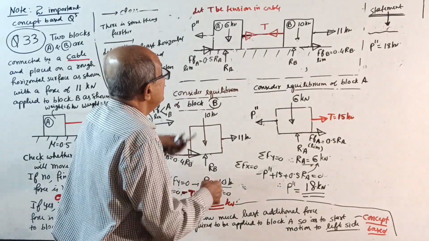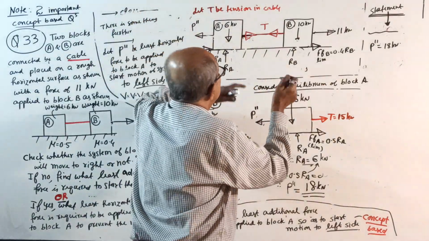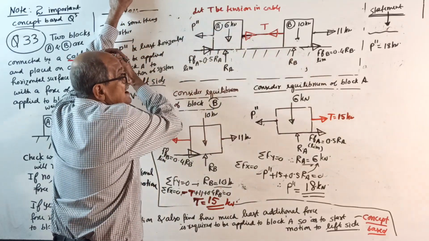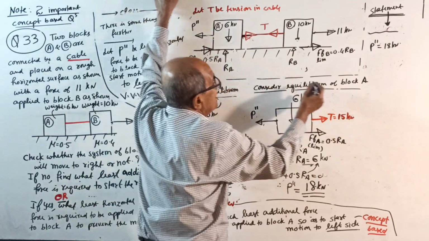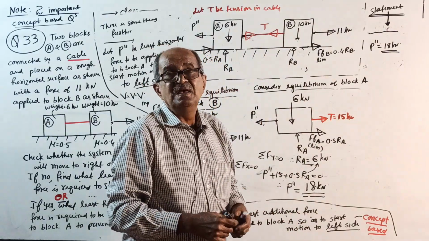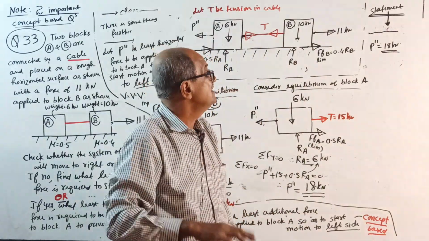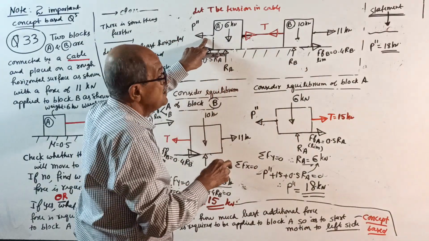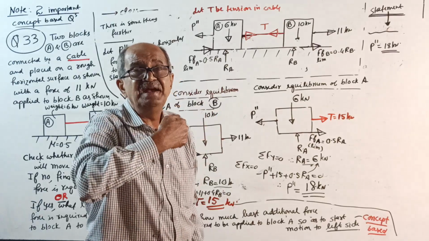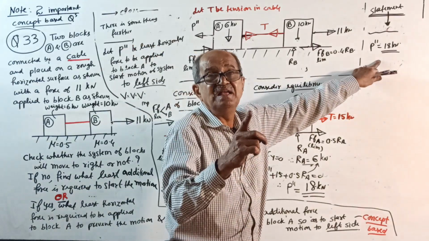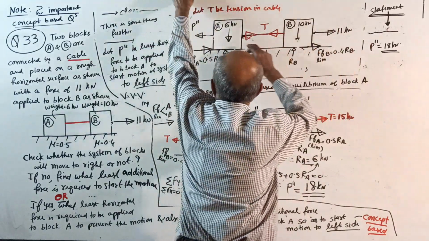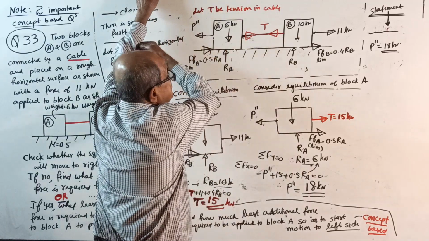Okay. Now see, last statement: the system is on the verge of moving to left side when the force P double dash reaches 18 kilonewton. Suppose the question is, what force is required to move the system to left side?